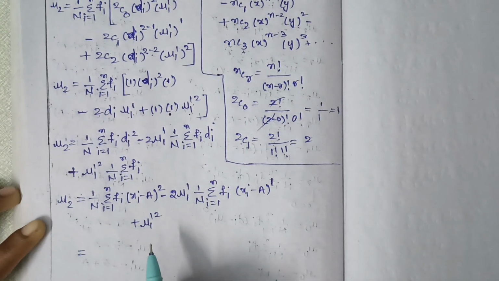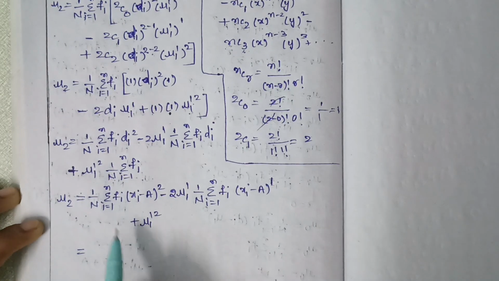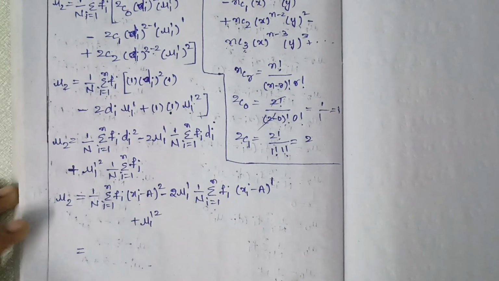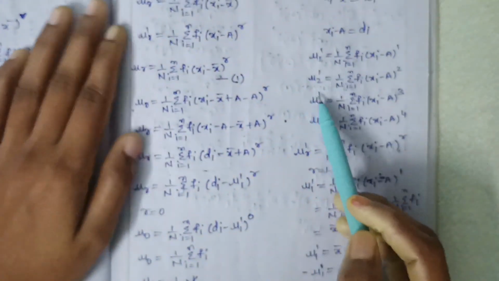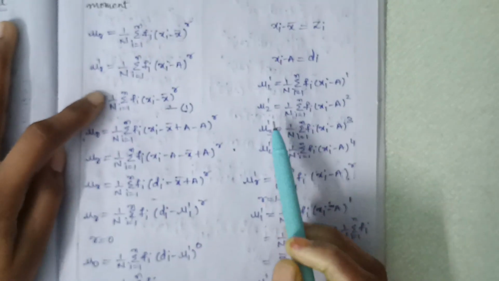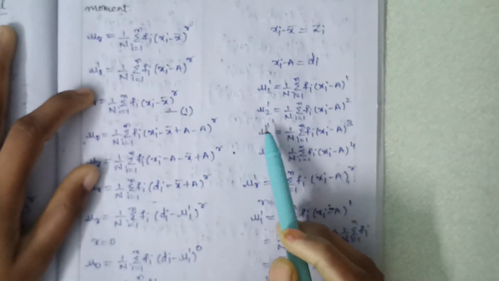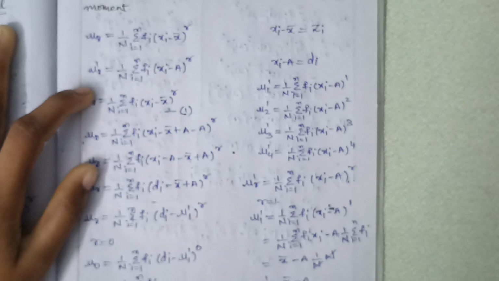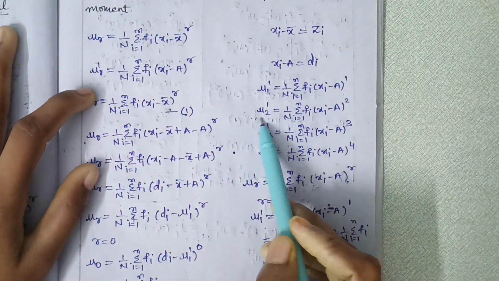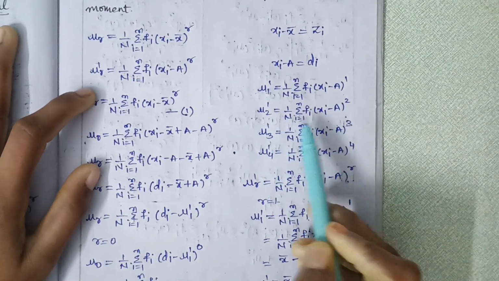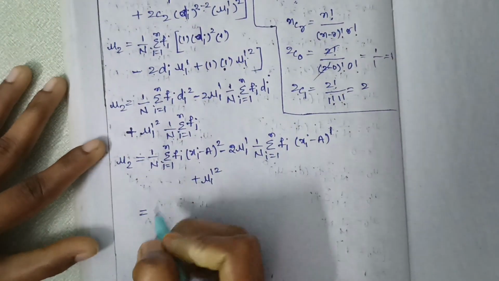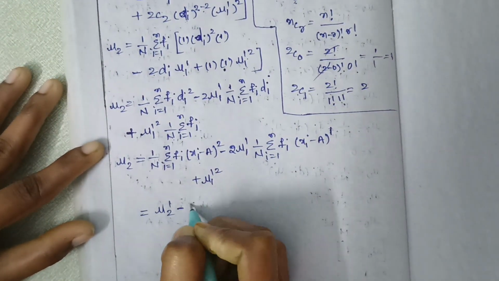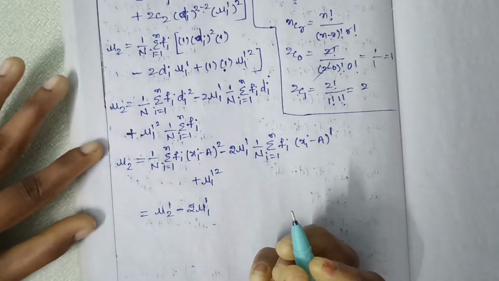Therefore, if you see in the formula, this one and this one, this formula, which is the same, so we can write mu 2 dash. Therefore, mu 2 dash minus 2 mu 1 dash here also.